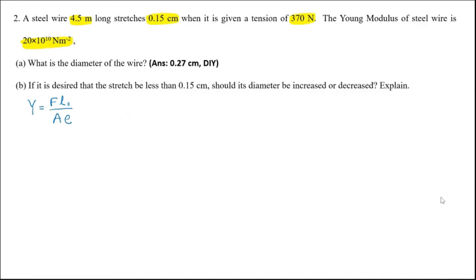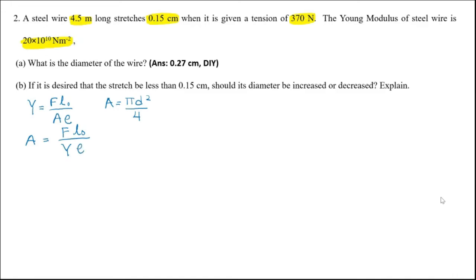The cross-sectional area is equal to pi d squared per 4. So we find the cross-sectional area first. How do we find it? You need to rearrange the formula, so the cross-sectional area is equal to F L naught per Young modulus E.